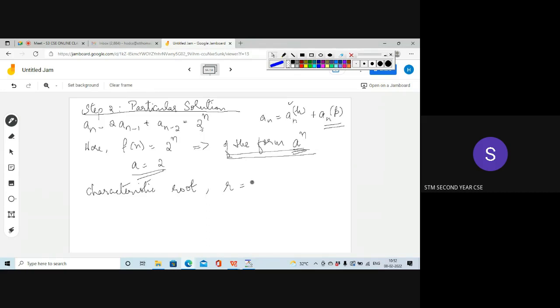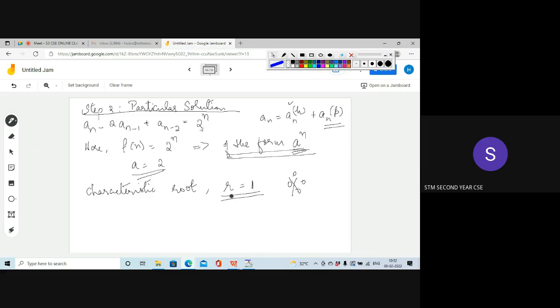Very good, Adarsh. 1. This step is very important. Just remember, from this step onwards, it is very important in this 2 raised to n case. If it is an exponent form, which is of the form a raised to n, then we have to consider the characteristic root when writing the particular solution. We got the characteristic root as 1.